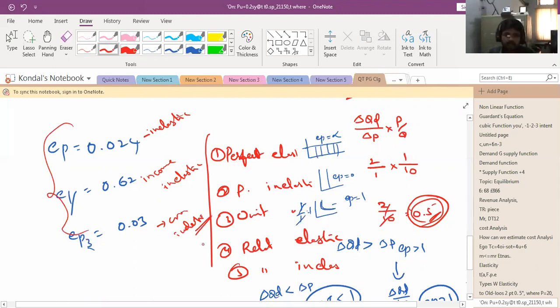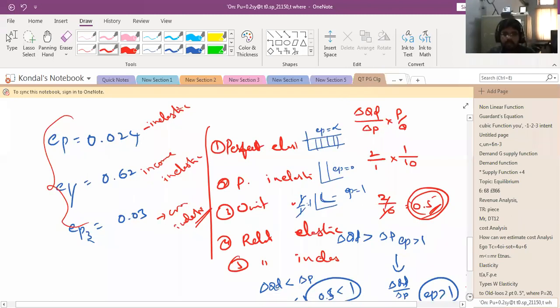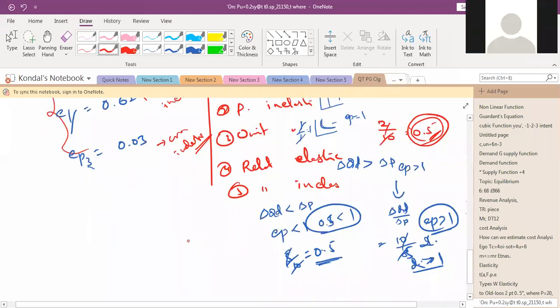What does it mean? All 3 are inelastic demand, right? With respect to price, it is relatively inelastic demand.